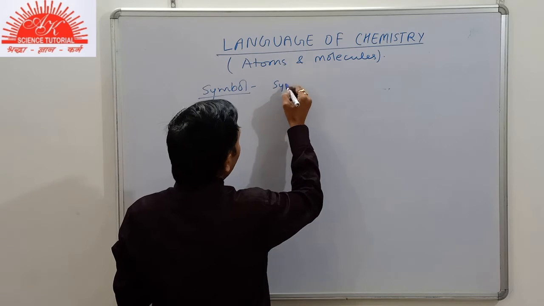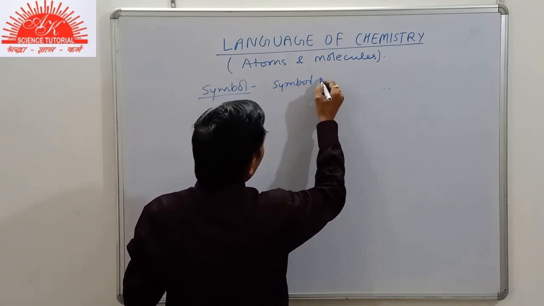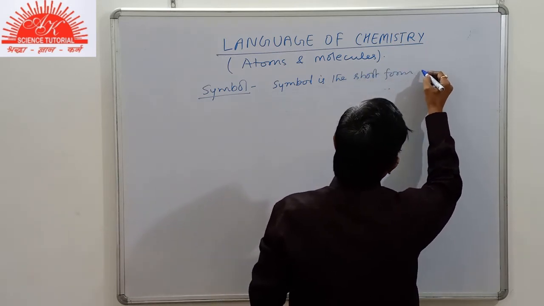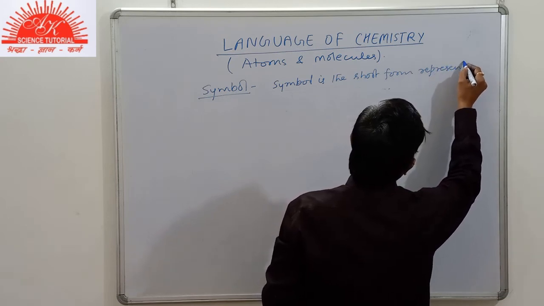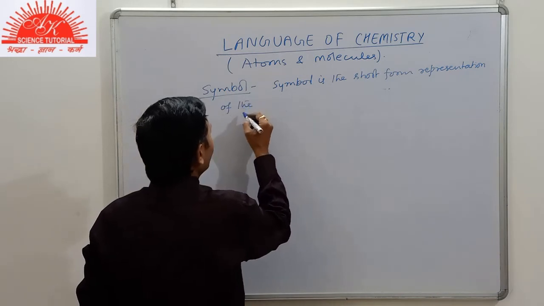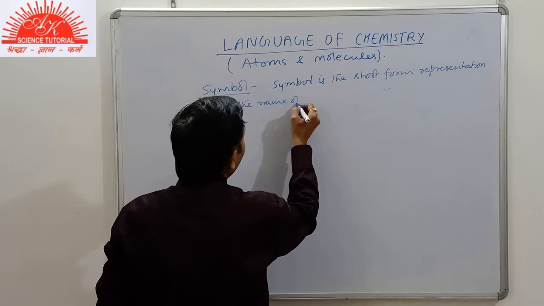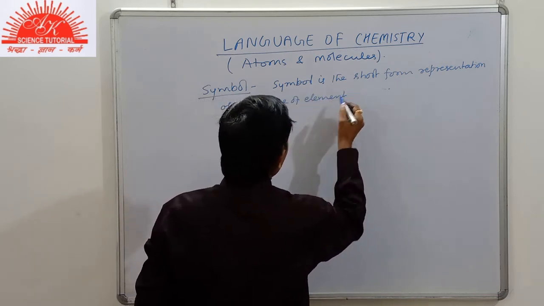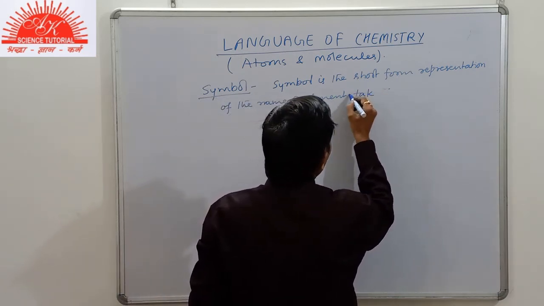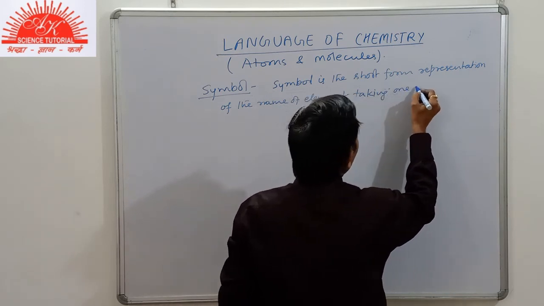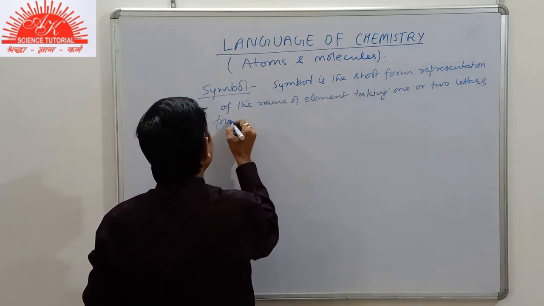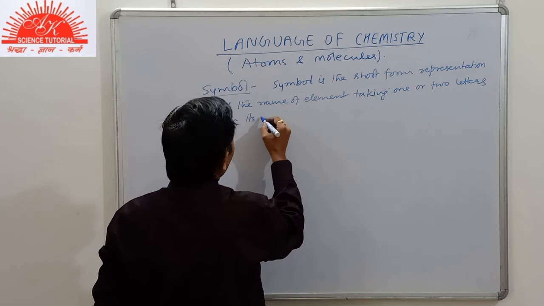Now you see, the symbol is the short form representation of the name of an element, taking one or two letters from its name.